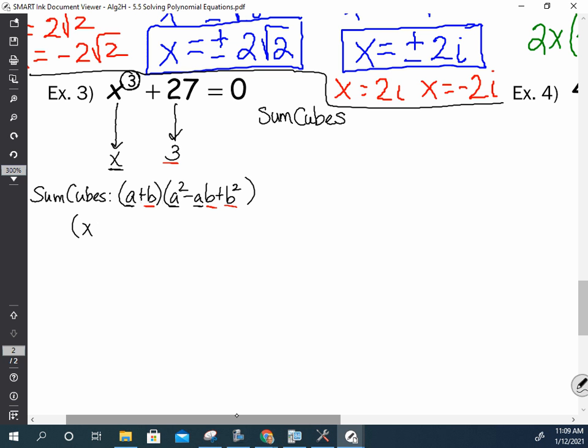That's x plus 3, x squared minus 3x, 3 squared is 9. If you're looking to try to factor that, don't waste your time, because you can't find two numbers that multiply to 9 and add to 3. Don't waste your time.